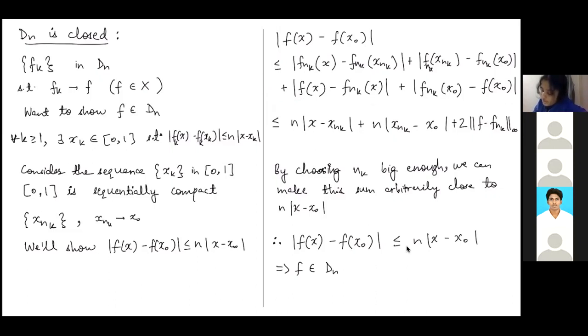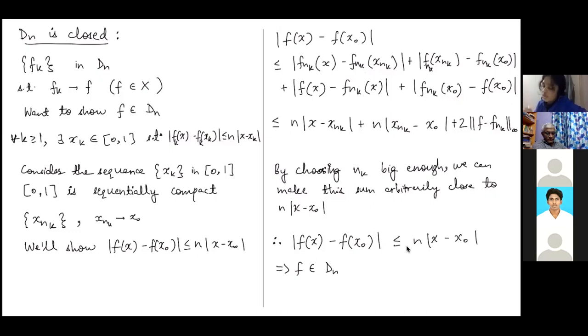Here we've added in these terms f_nk(x) and f_nk(x0), and we've also introduced this f_nk(x_nk) term.